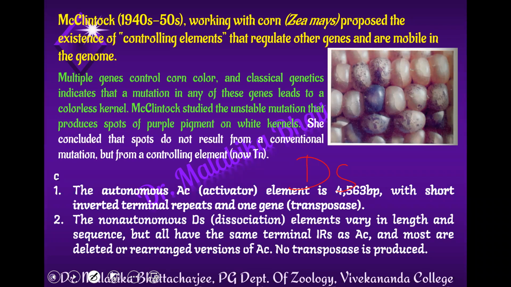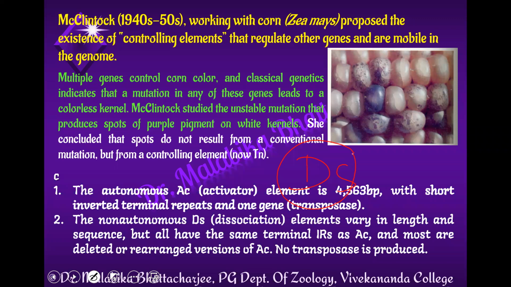The name comes from dissociation. Now the Ds could break the chromosome at its site of insertion and could move in response to another factor. So this mobile element was incapable of moving by itself.